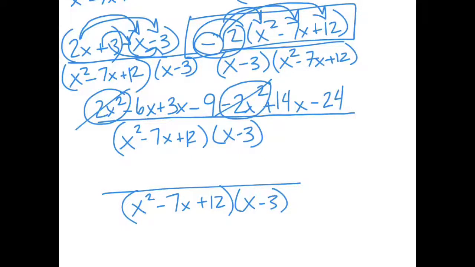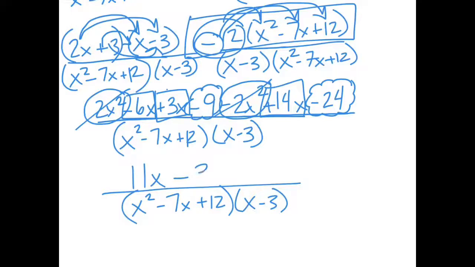Then I have negative 6x plus 3x gives me negative 3x, plus 14x gives me positive 11x. And then lastly, I have negative 9 subtract negative 24 gives me negative 33.